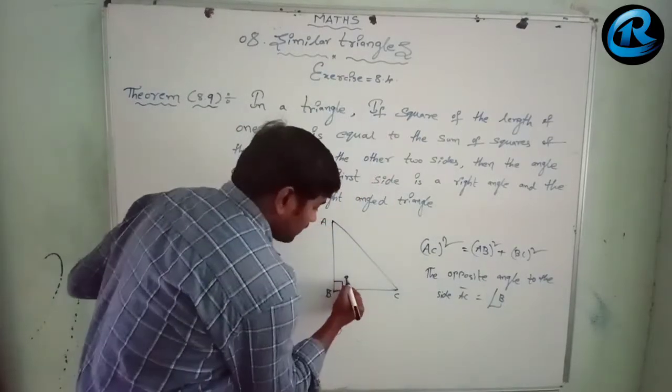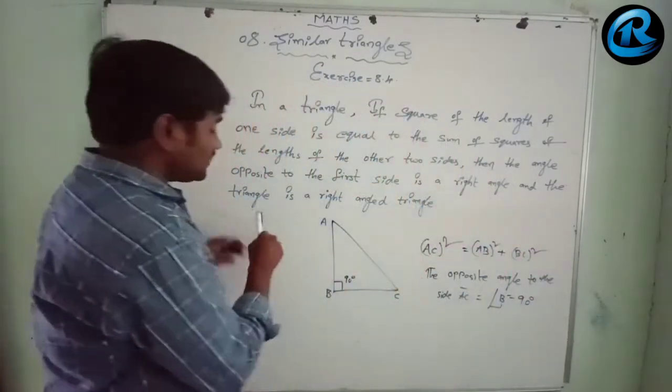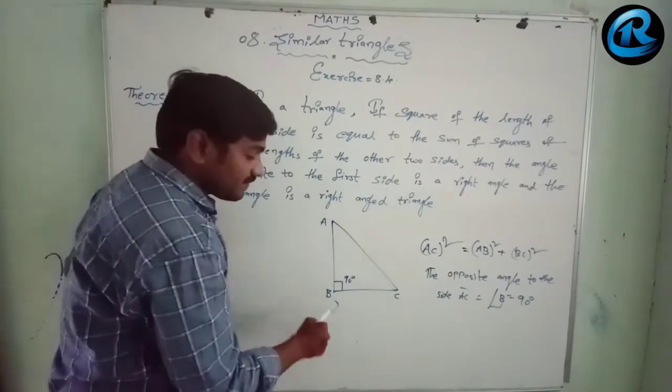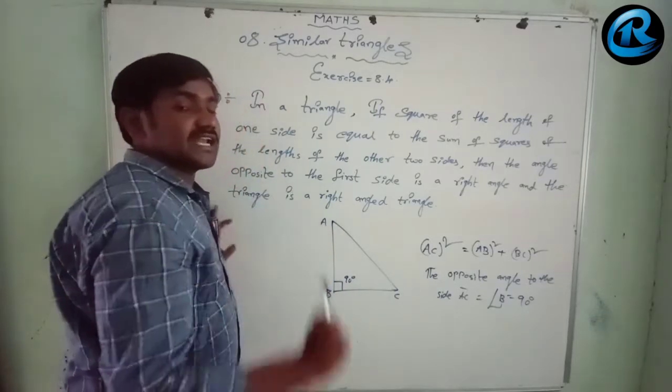That means this angle B is 90 degrees, so this triangle will be known as a right angle triangle, because one of the angles in this triangle is 90 degrees.